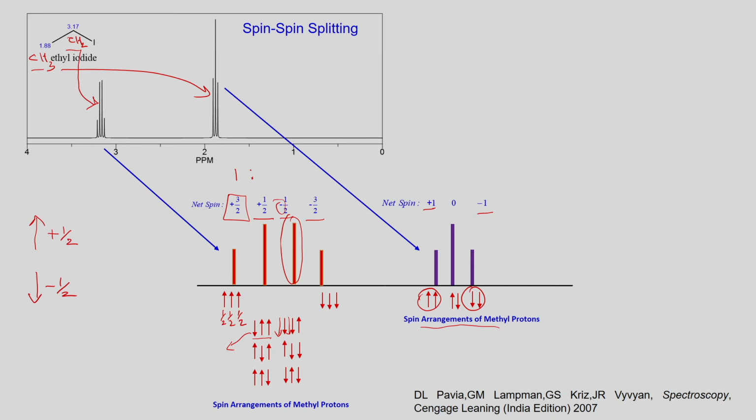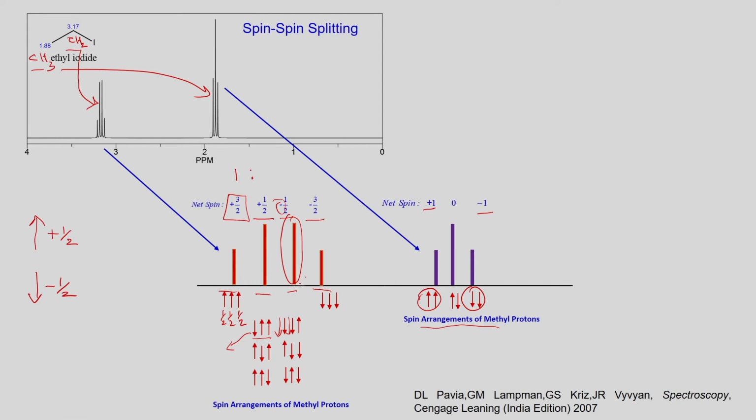So, it means that this particular spin has 4 different states of spin. As I told you, it implies that 4 different types of molecules are present.